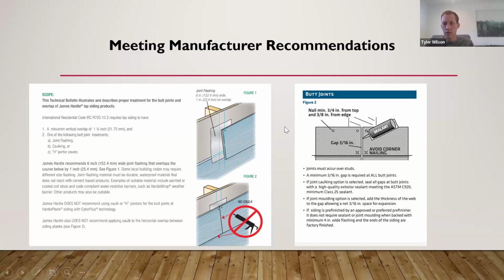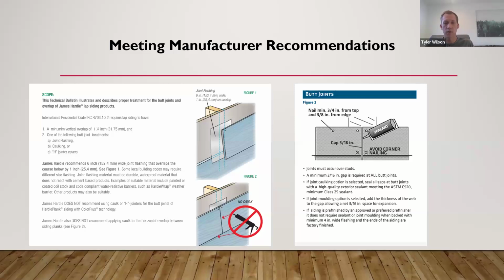Another manufacturer graphic here is for LP. So again, you can see it's an option here to use a joint flashing product, whether that's ours or another, cutting up a tar paper or foil stock, something like that. Same advantages.